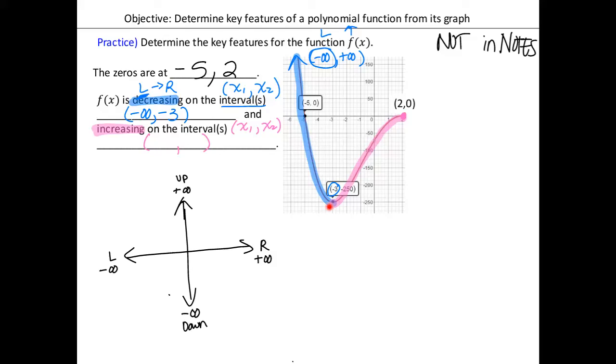Okay, so from the start of the pink to the end of the pink, okay, ready? We're looking at the x values. Jasmine?